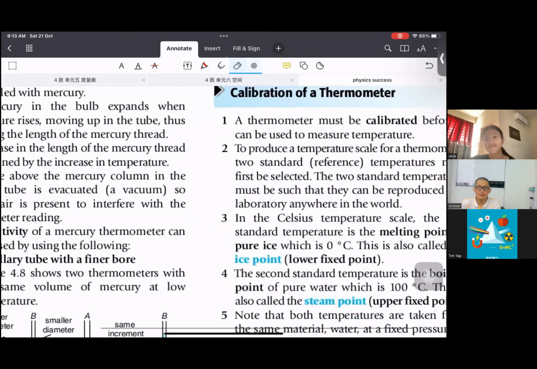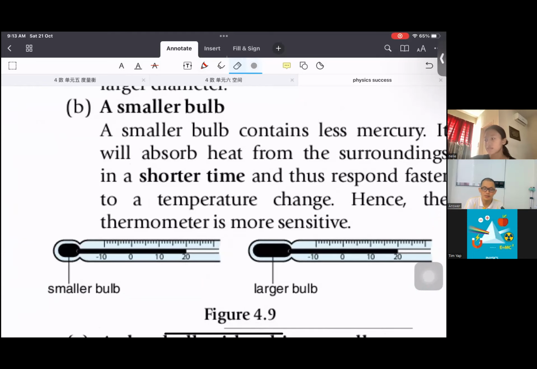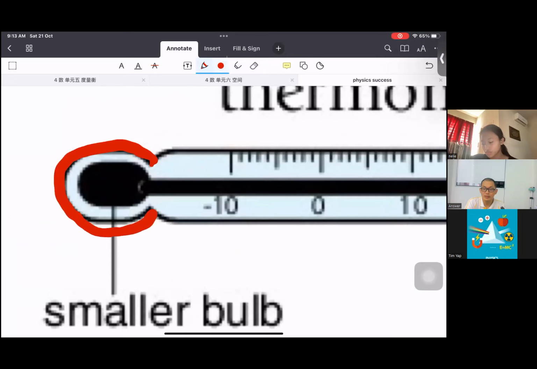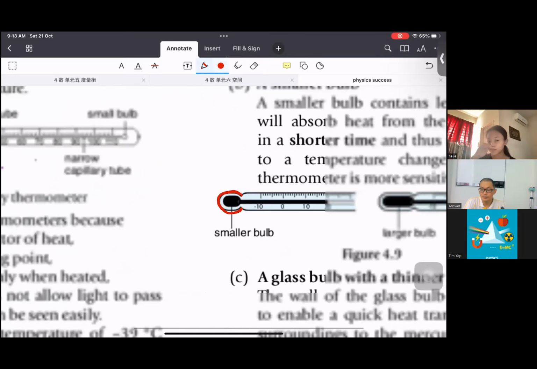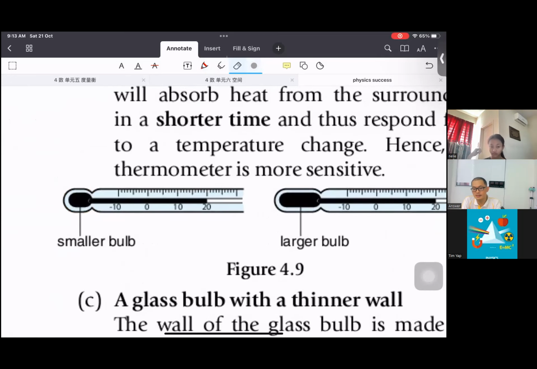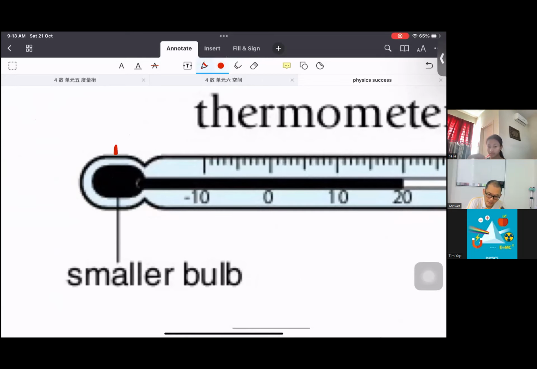All right, now the second one, a smaller bulb. So this is called the bulb. It looks like the bulb of a lamp, right? So a smaller bulb is more sensitive because a smaller bulb heats up less mercury, so it can heat up the mercury faster.